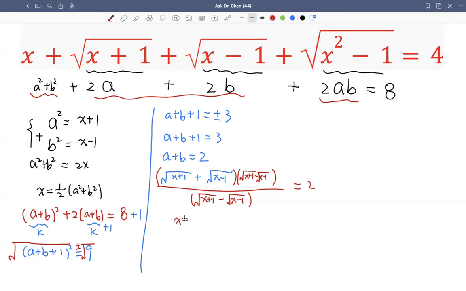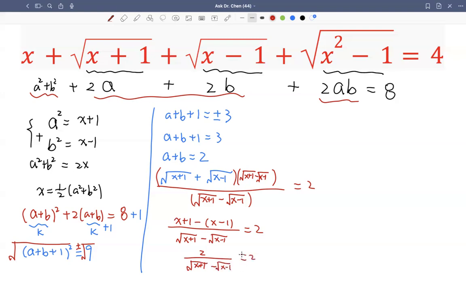We get x plus 1, because when we square root, they cancel each other. We have x plus 1 minus x minus 1, divided by square root of x plus 1 minus the square root of x minus 1. You see, x minus x is gone, 1 minus negative 1 becomes 2. So we get 2 over square root of x plus 1 minus the square root of x minus 1 equals 2.